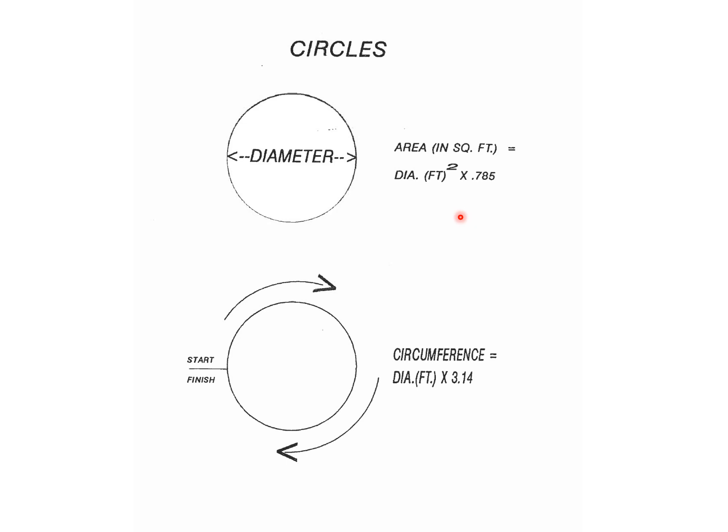The remaining 0.215 is those corners that you would cut off from the square because you have two numbers that you're multiplying by. So let's say it's 12 times 12, right?